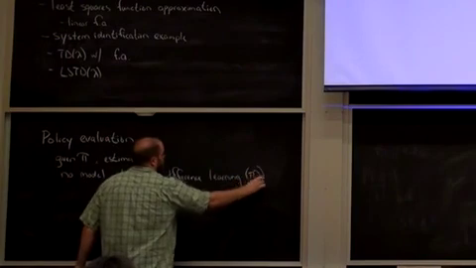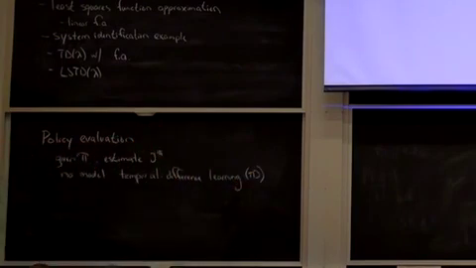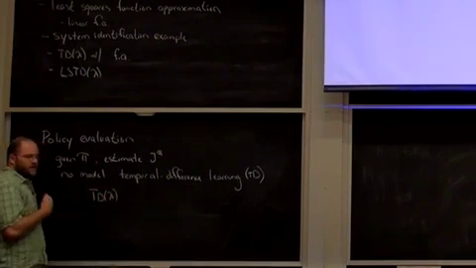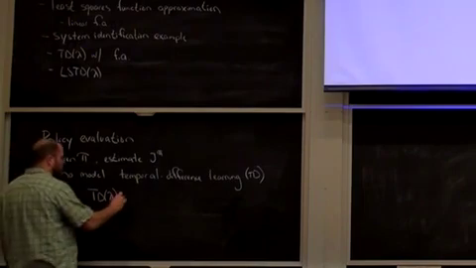Which is TD, which is in the title there, okay? And the temporal difference learning, the TD lambda in particular, was nice because it encapsulated all the algorithms we talked about last time.